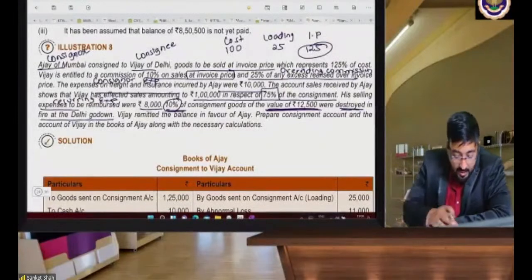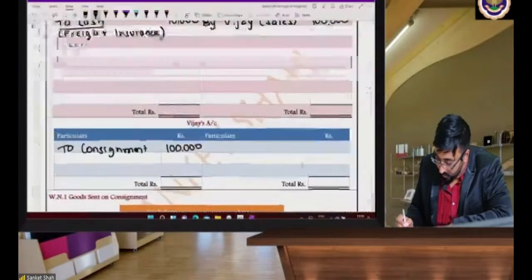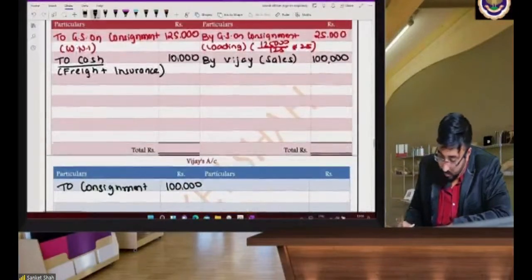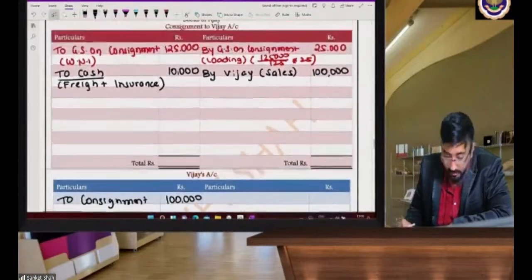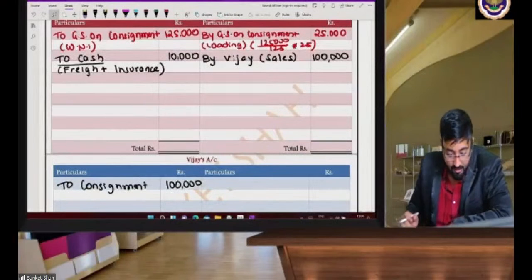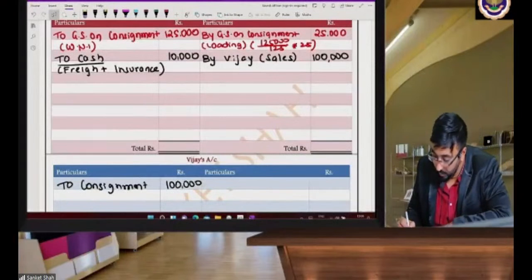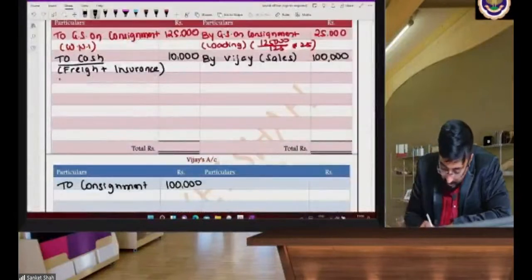His selling expenses. Loading is 25,000 that we cancelled. Now selling expenses, recurring expenses to Vijay.